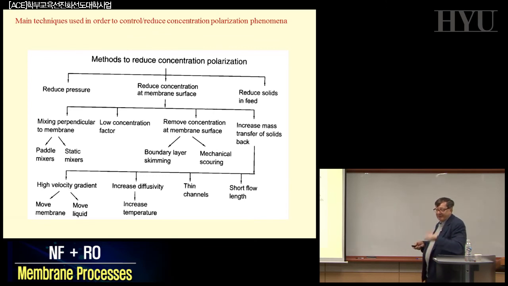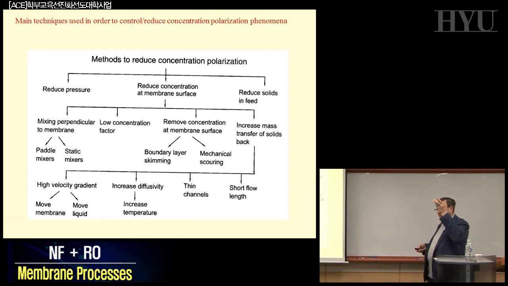So you increase the pressure and some more water goes through for a few seconds. But if you just increase the pressure and do nothing more, after a few seconds you have a dramatic decrease, because you are increasing concentration polarization.